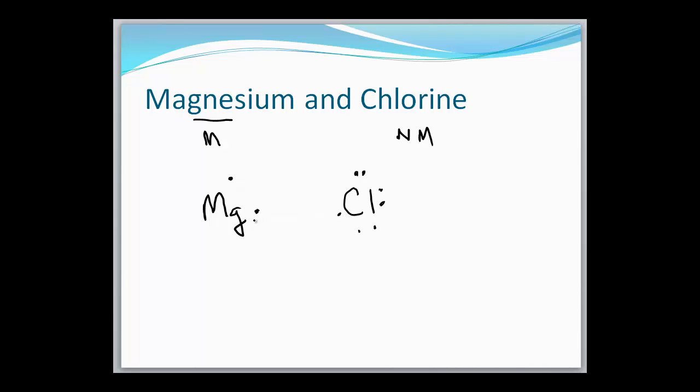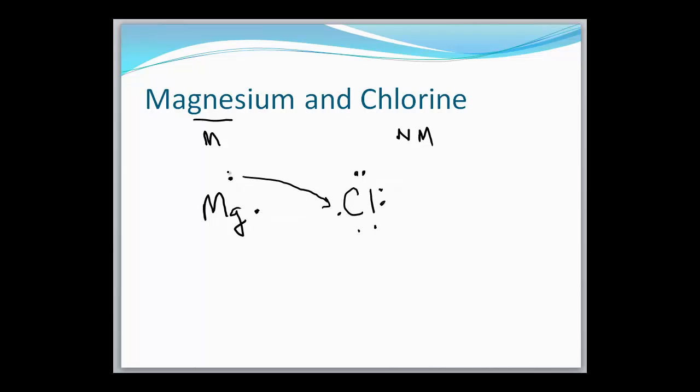Okay, so we said magnesium wants to obtain an octet, so what it's going to do is get rid of these 2 valence electrons, so its second energy level will be full. So magnesium is going to get rid of 1 valence electron. Chlorine is going to take that valence electron because if it takes an electron, it will have a full outer shell.